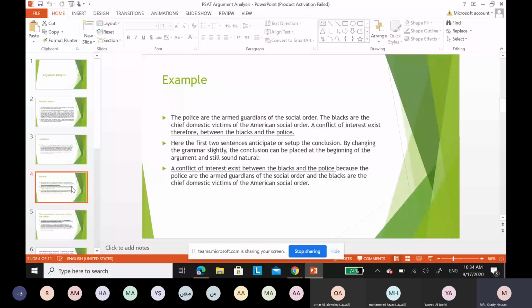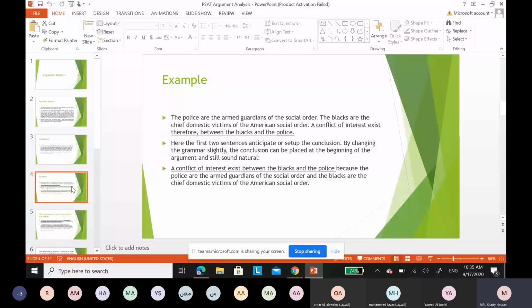Examples. The police are the armed guardians of the social order. The blacks are the chief domestic victims of the American social order. A conflict of interest exists, therefore, between the blacks and the police. So here, I've got some details, and I've got the conclusion at the end.